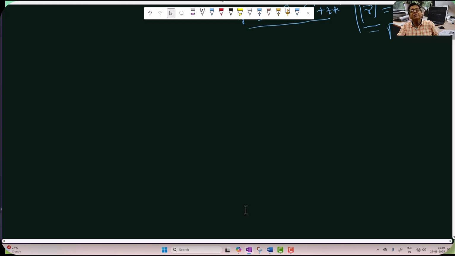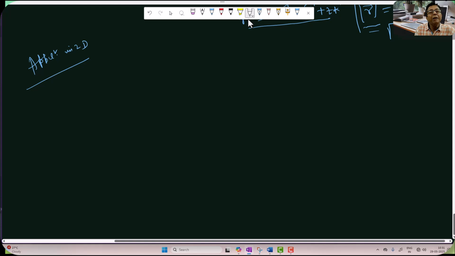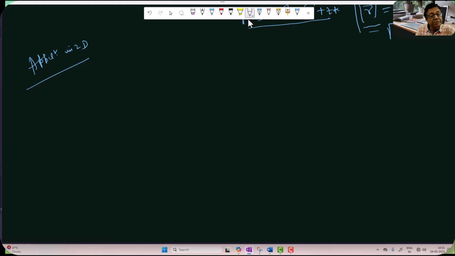Now a question arises, what is the advantage of this resolution method? This resolution method will help you to add many vectors easily. I will just show you one example, one application in 2D. We are going to do an application of resolution of vectors in 2D.